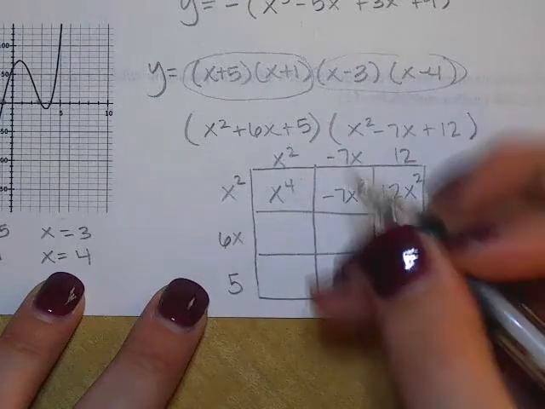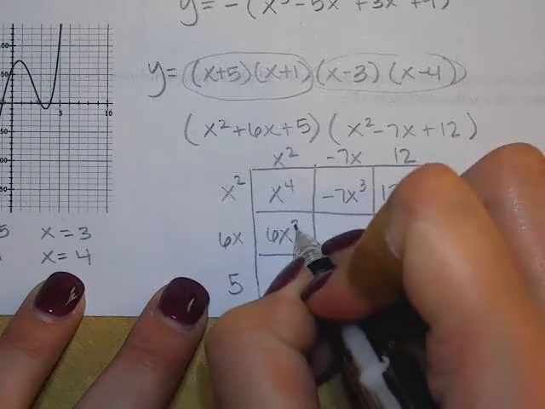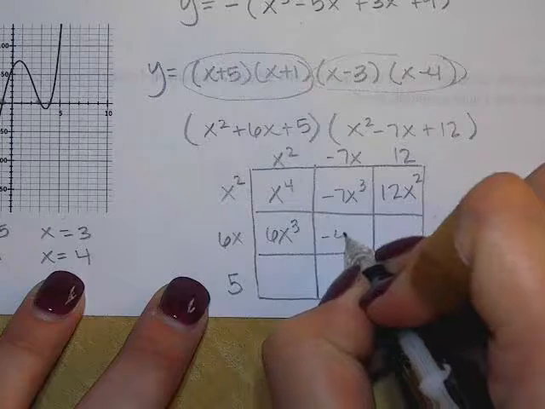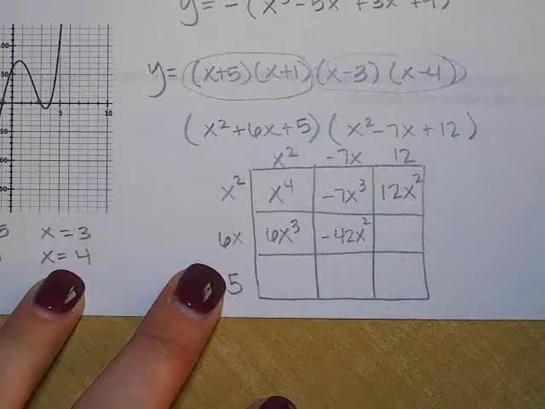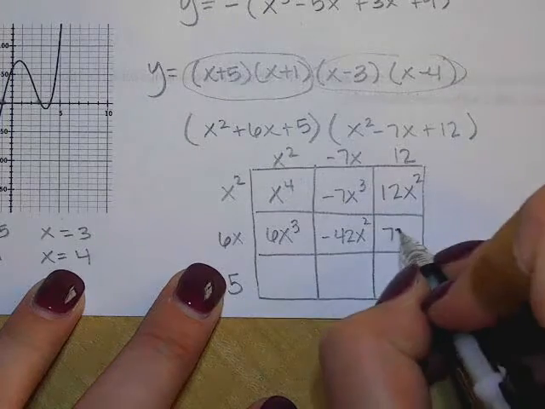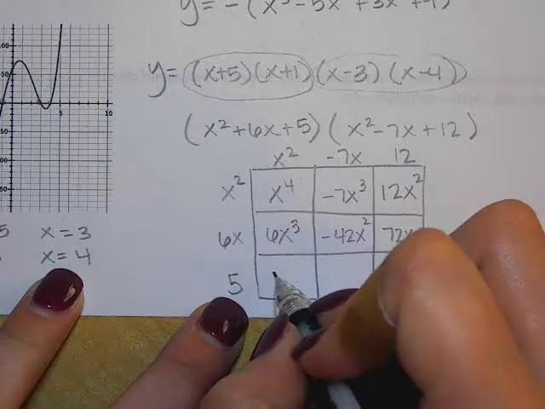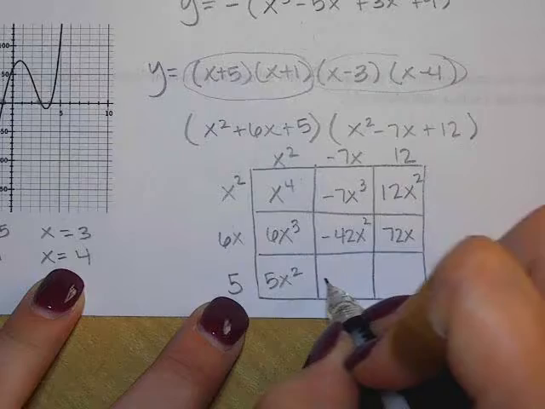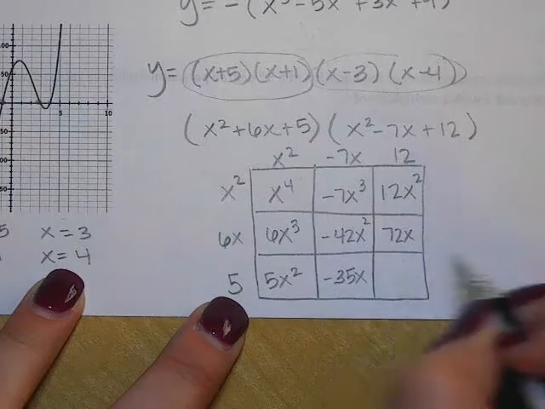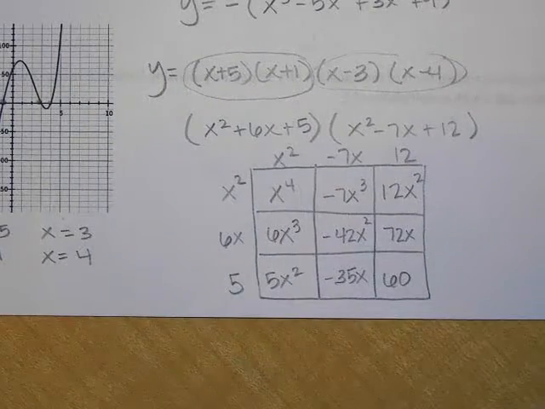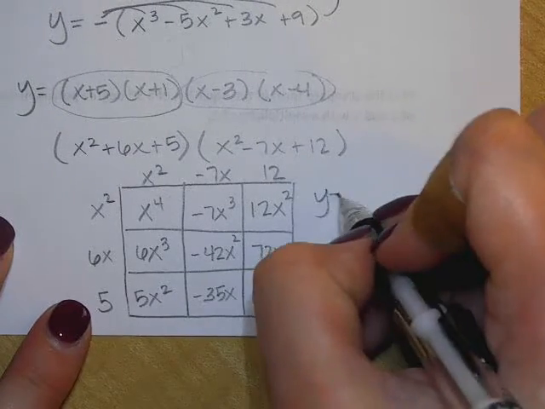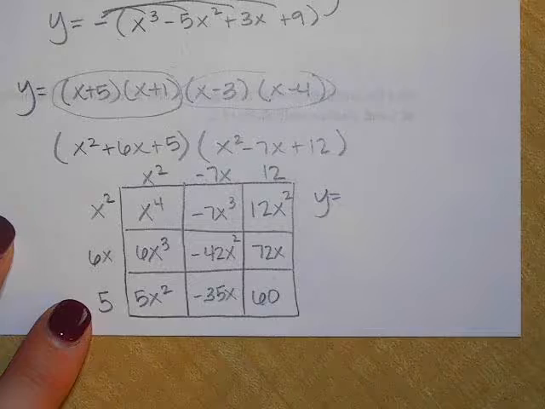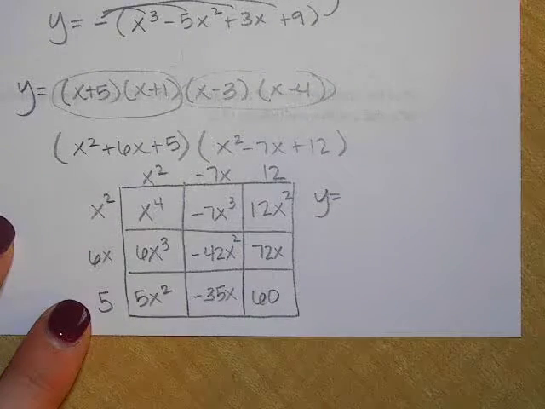So we've got 6x to the 3rd minus 42x squared. 6 times 12? 72. 5x squared minus 35x, 60. Okay, so when we write that out, that is y equals a lot of stuff, but all the like terms are in the diagonals.